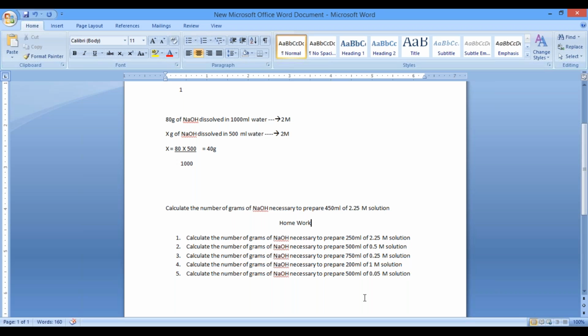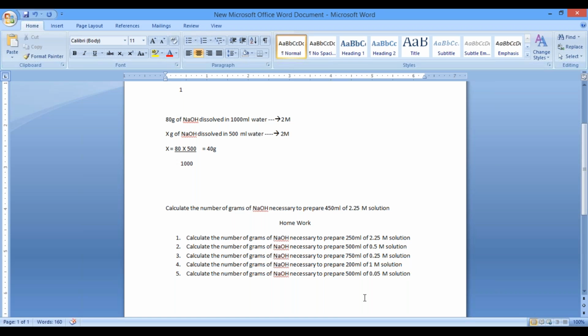Calculate the number of grams of sodium hydroxide necessary to prepare 250 ml of 2.25 molar solution; 500 ml of 0.5 molar solution; 750 ml of 0.25 molar solution; 200 ml of 1 molar solution; and 500 ml of 0.05 molar solution.